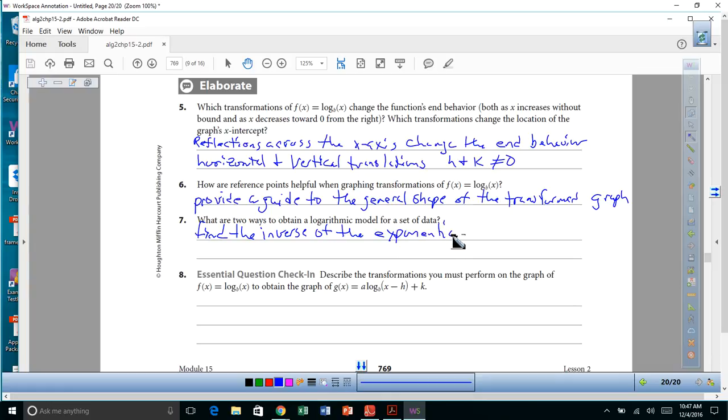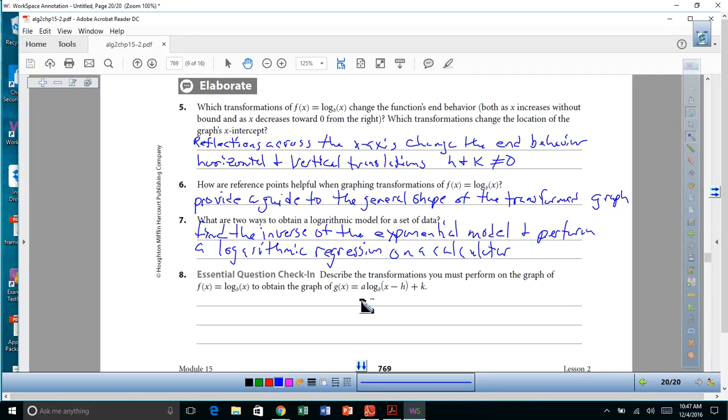And the other one we did is perform a logarithmic regression on the calculator, or graphing calculator.